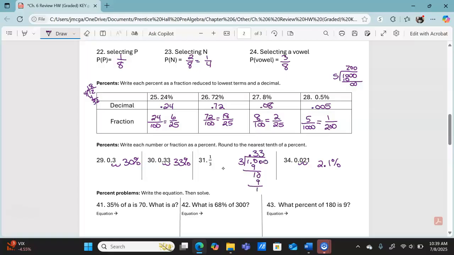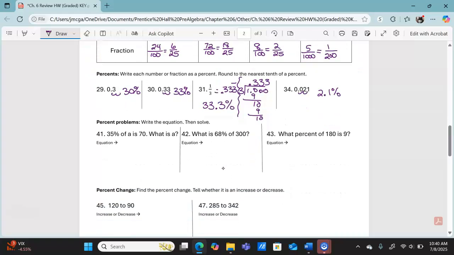Bring in another 0, and you can see we are getting a repeating decimal. And so we're going to move the decimal 2 to the right and put in a percent. And you'll notice here I went out 3 decimal places because I need to go to the tenth of a percent. And when I move my decimal 2 to the right, I need another number there.